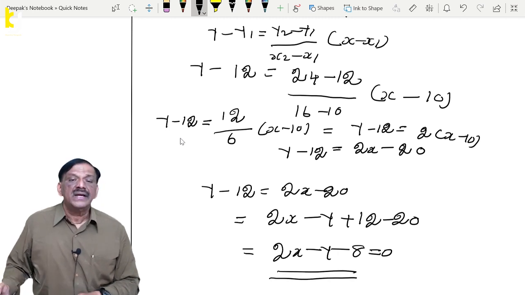This is the equation of the line segment AB.